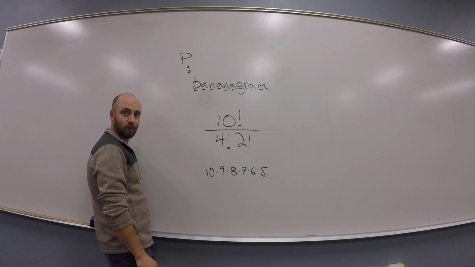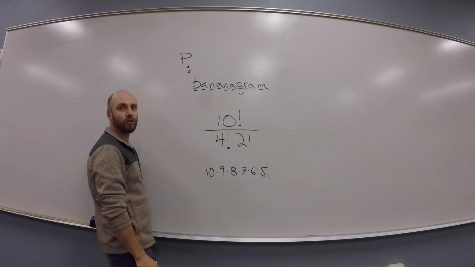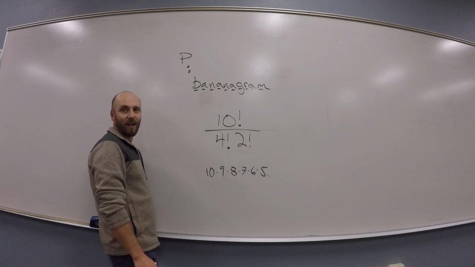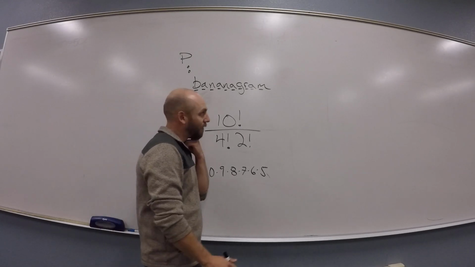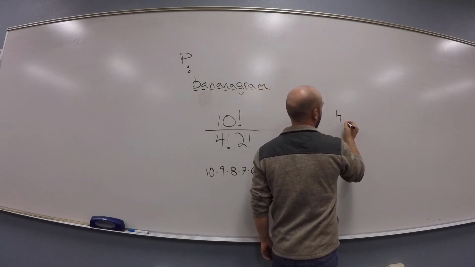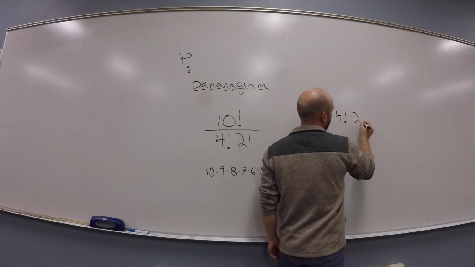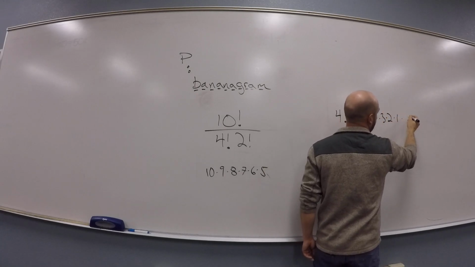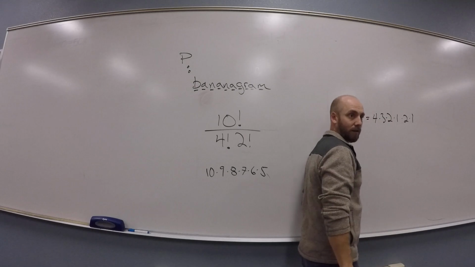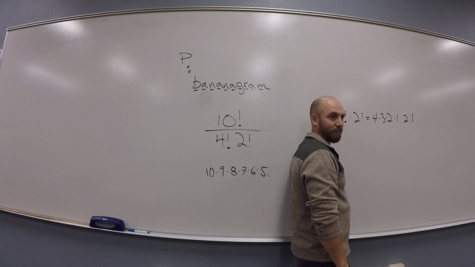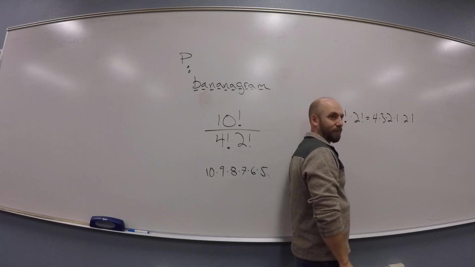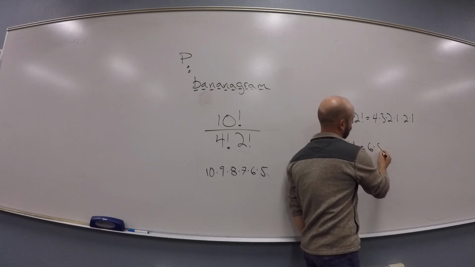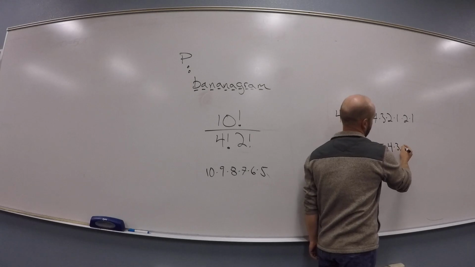I said 6 factorial. Oh, 4 factorial times 2 factorial isn't 6 factorial. I'm trying to figure out how. 4 factorial times 2 factorial is 4 times 3 times 2 times 1 times 2 times 1. And 6 factorial would be 6 times 5 times 4 times 3 times 2 times 1.